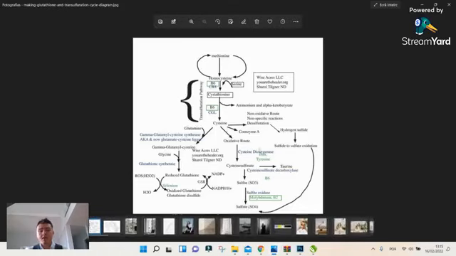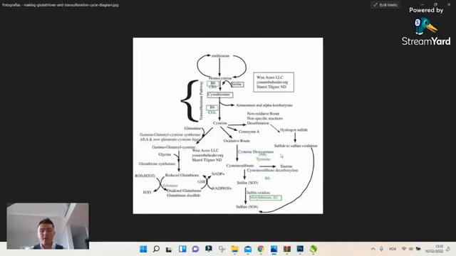So instead of the body moving the cysteine along this pathway, we've already provided the sulfate. So none of this cysteine that we might already be low in, because we have sulfur intolerance and we're not eating lots of sulfur, has to come down this pathway. All of it can get channeled through this pathway, which is cool.